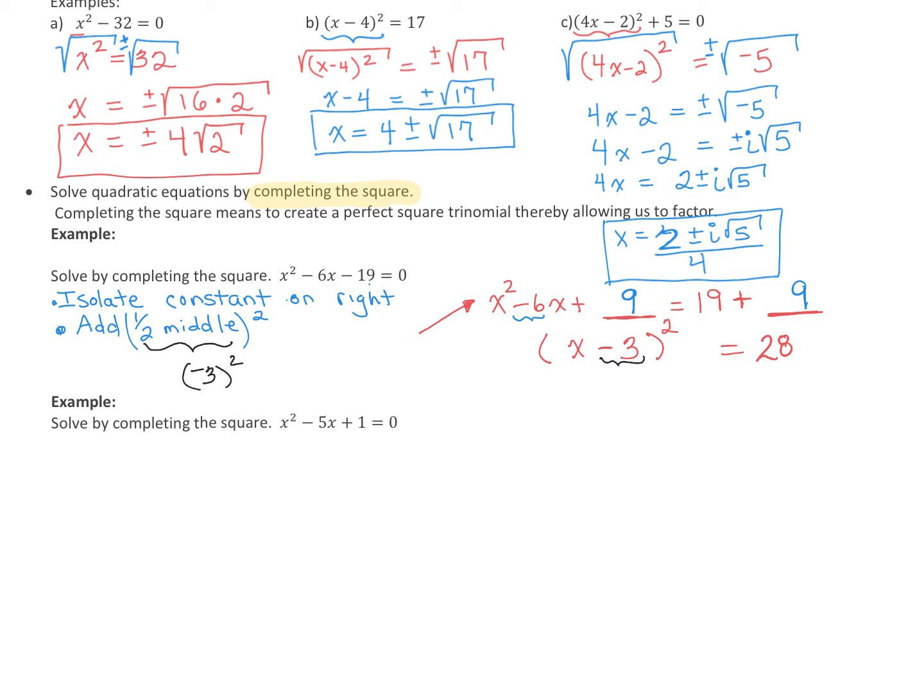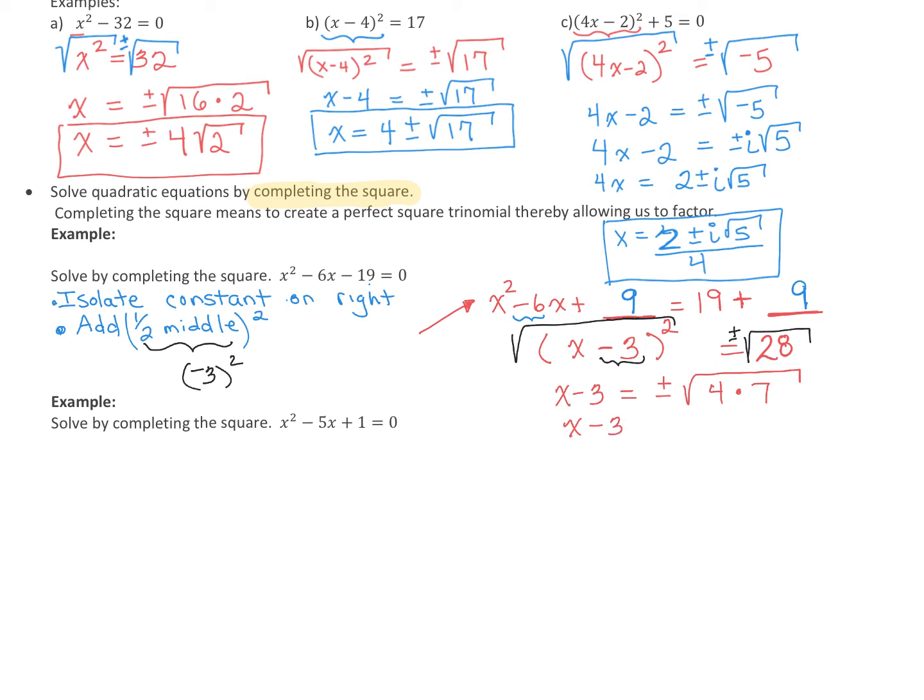Now I'm going to take the square root of each side, plus or minus, and I'm going to simplify. So we get x minus 3 equals plus or minus root 28. 28's not a perfect square, but it does have a perfect square factor of 4.